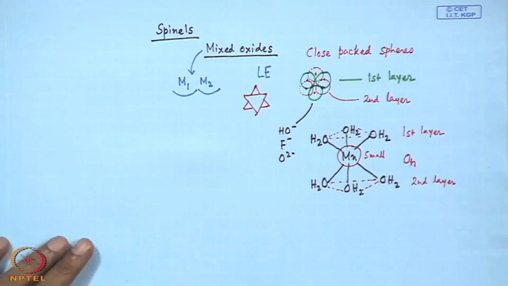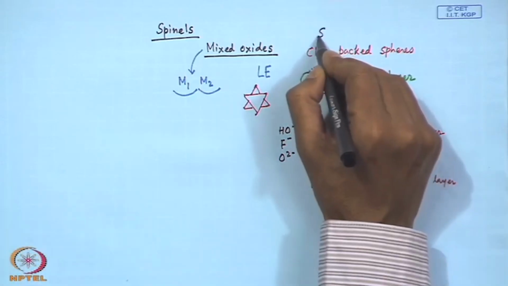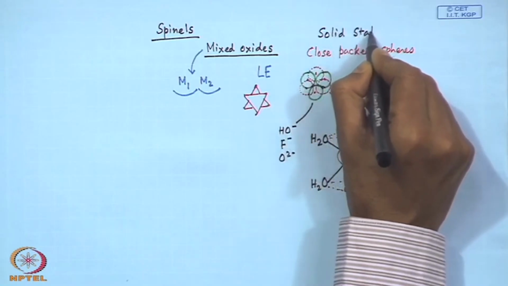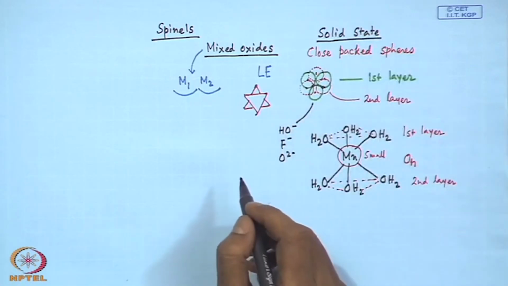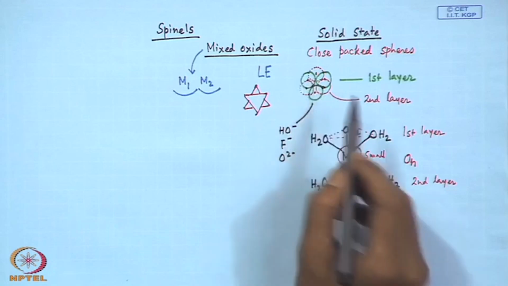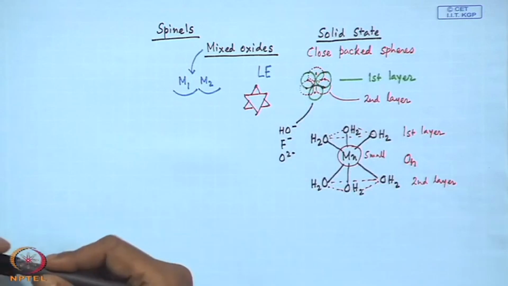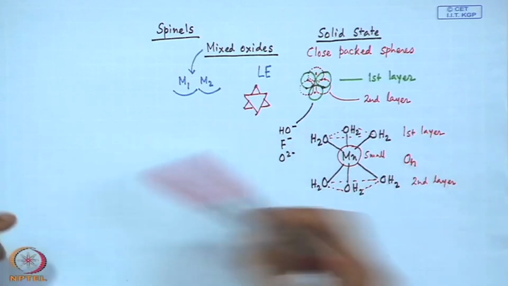So, whatever we are discussing here is based on the corresponding solid state structure. In the solid state structure of these hydroxides, these fluorides and all, we have the close packed spheres, and these two layers are forming either from hydroxide ion or the fluoride ion or the oxide ion.